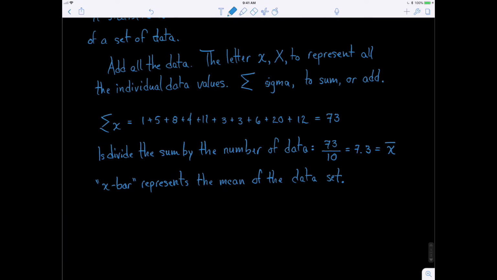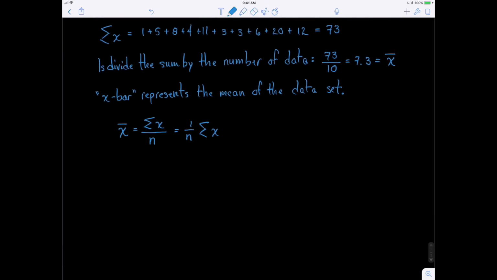Also, the general formula for the mean looks like this: x bar equals the sum of all the x's divided by n. You may see it written this way, or sometimes as the fraction 1 over n times the sum of all the x's. Let's write this out.